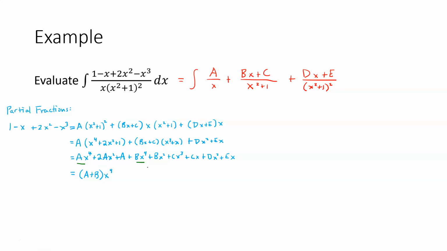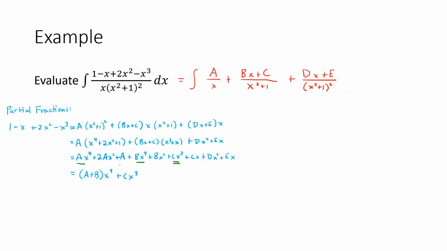There are some x cubed terms, or just actually one x cubed term here. I think that's the only x cubed term, but just making sure. Let me double check. Yeah, okay, so that's the only x cubed term.